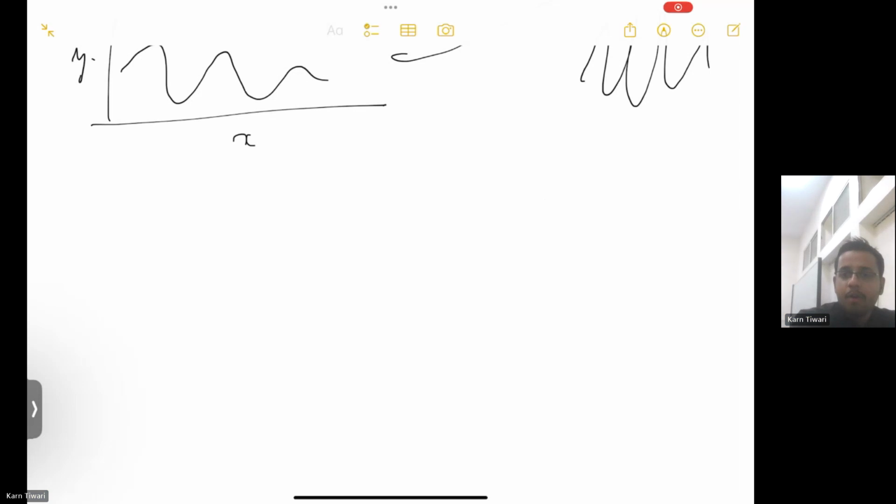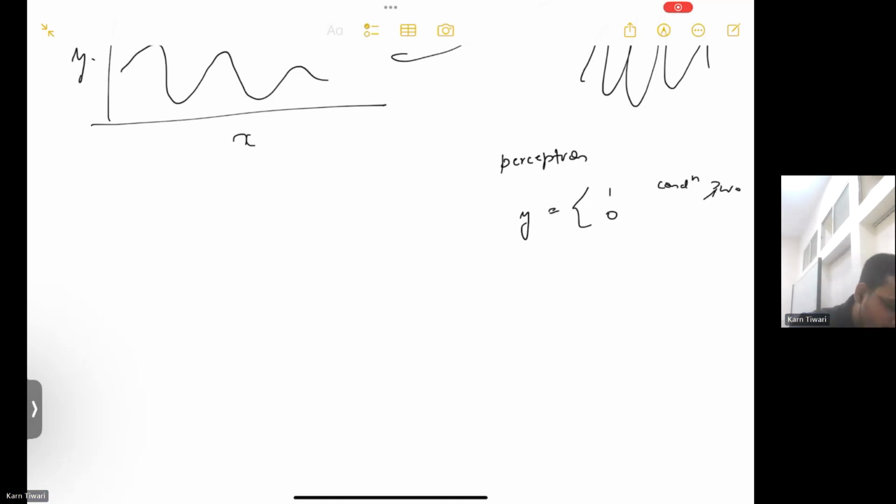I think the main drawback is that we were making a decision that it should be either 1 or 0 based on a certain condition, that is, if it is greater than W naught, where W naught is our bias.